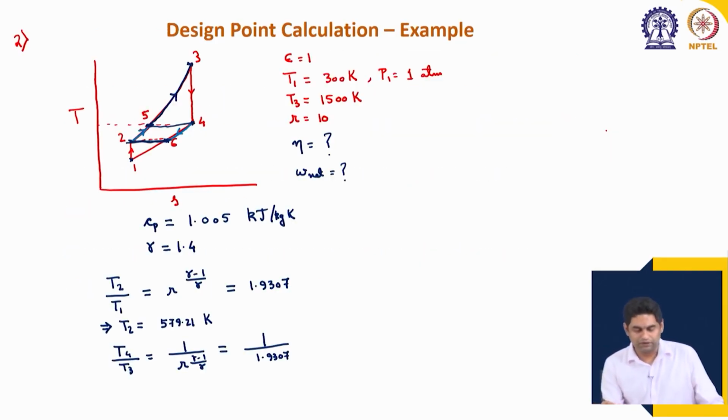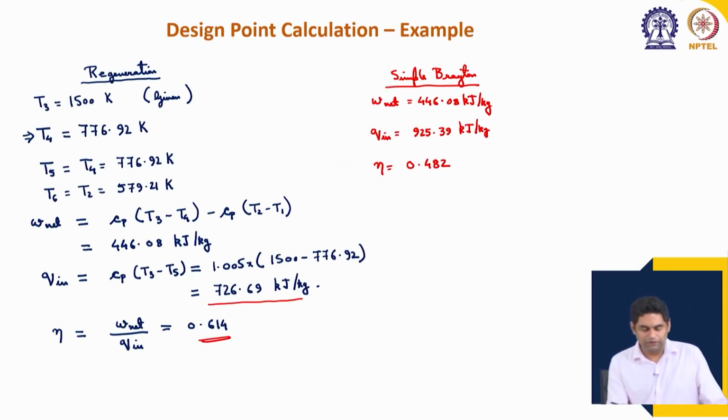We will come back to this, but let us see an example. This is one of the problems that we have solved, the second problem on regeneration. Here also we had the same parameters, a 300 to 1500 Kelvin temperature range, so T equal to 5 and R equal to 10. For this design point, with R equal to 10 and T equal to 5, we obtained the efficiency, which was found to be 61.4%, and the net specific work output, which was 446.08.